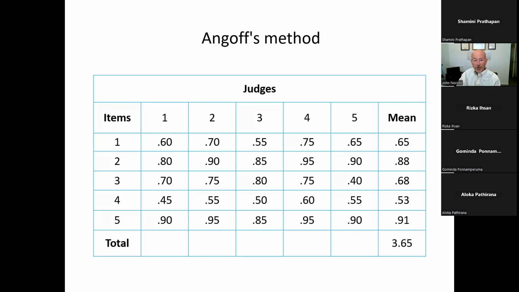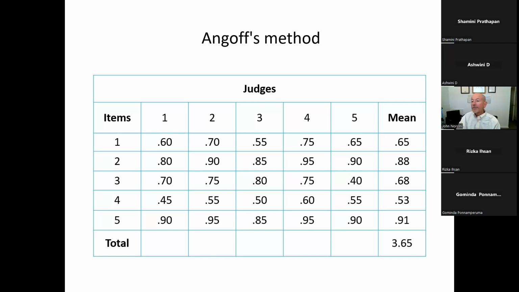Great. Other questions? I think there is one hand raised. So Shamini, you can speak up. Actually, can we come to a conclusion about item 4, whether it's a good item or not at this point also? I wouldn't make any judgments about the items on this. So if you look at item 4, this was an item that the judges thought was a little bit harder for the borderline group.